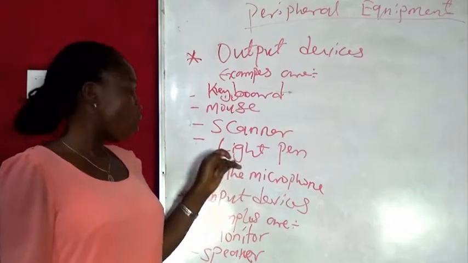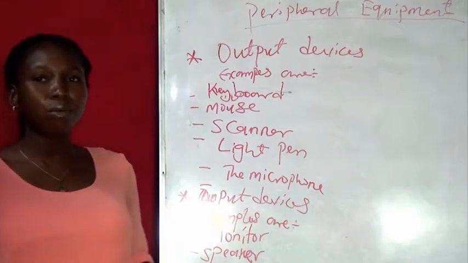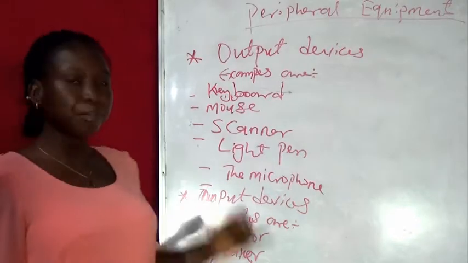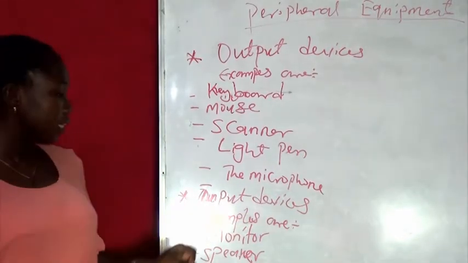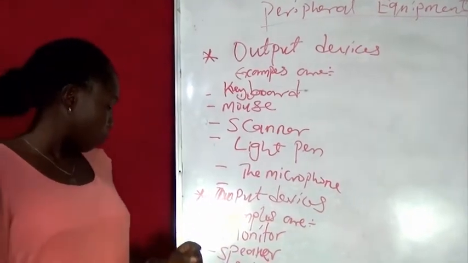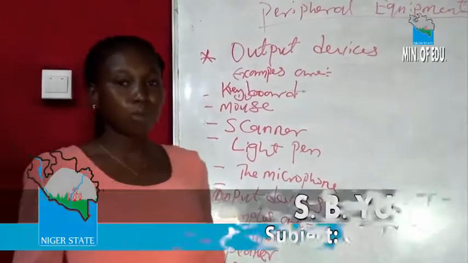Under the output devices, we're going to look at the following examples: your monitor, the printer, and the speaker. Thereafter, we go to the functions of the keys on the keyboard. Then finally, we go to the differences between a keyboard and a mouse.